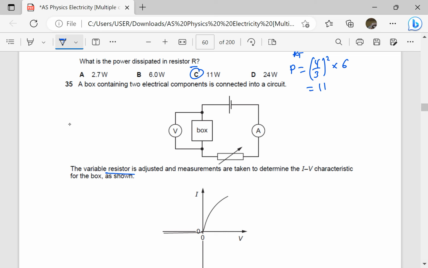So we are seeing that when the variable resistance is adjusted, the graph is showing that as the PD increases, the current increases, and then with time the resistance increases. That means if the resistance increases with time, the filament lamp should be involved here. Therefore, the combination should have a filament lamp.